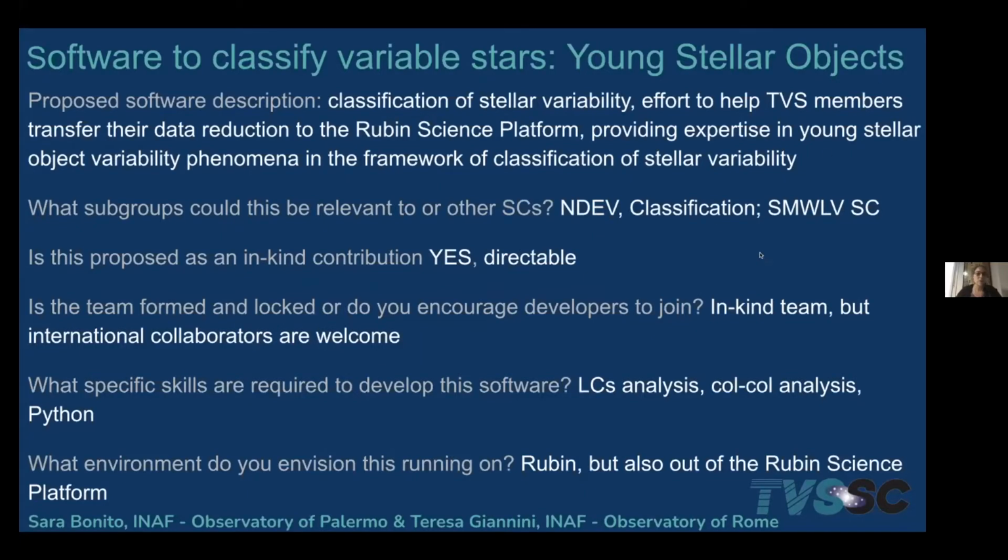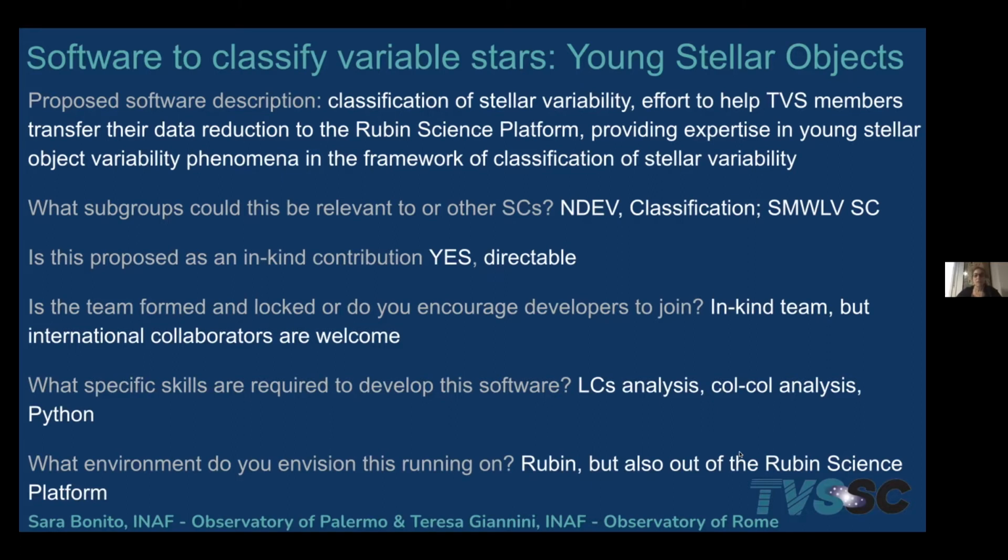Our idea for software is tuned on classification of variable stars, basing on young stellar objects, because our expertise, this presentation is on behalf of myself and Teresa Giannini, is on star-forming region young stars. Here's some information as required in the form of this slide.